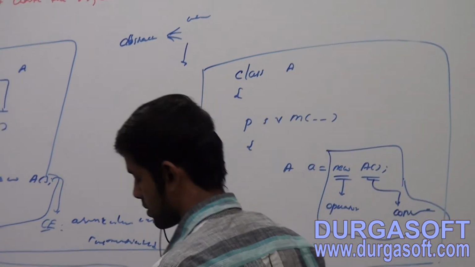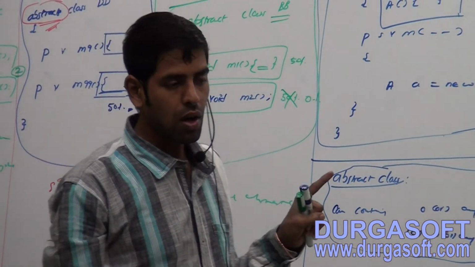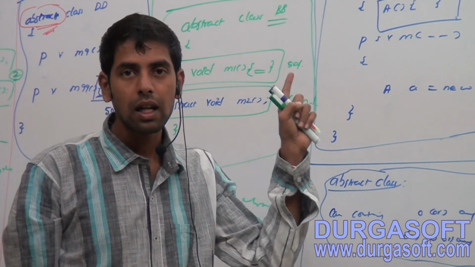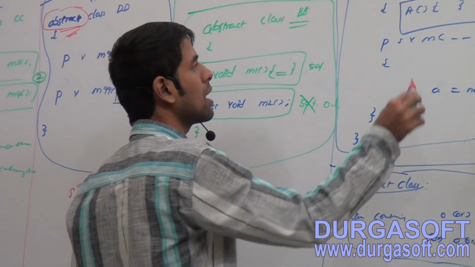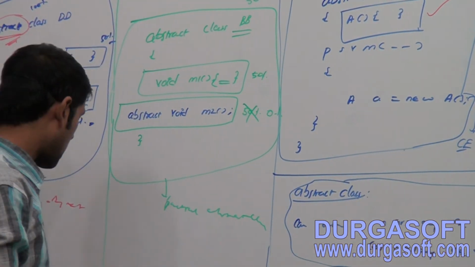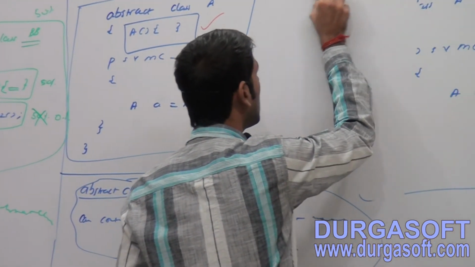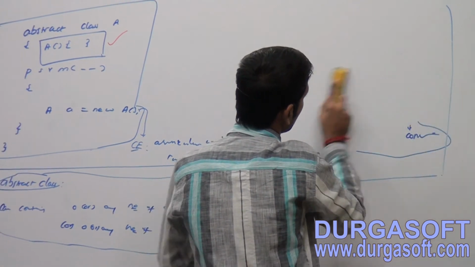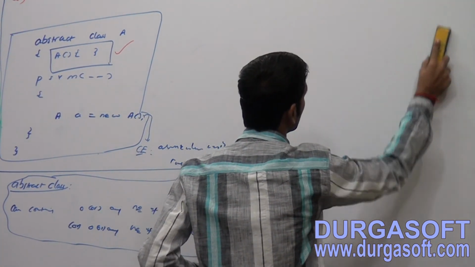Sure question, guys, sure question. They will put these questions. Even though we are not able to create an object of the abstract class, why do you write the constructor within the abstract class? Observe this part carefully. Why do we have to go for a constructor within the abstract class even though object creation is not possible?